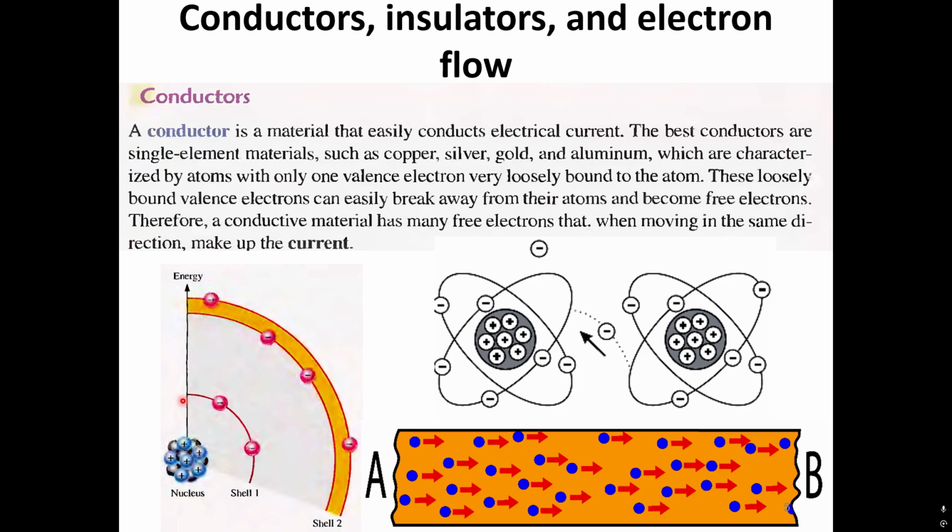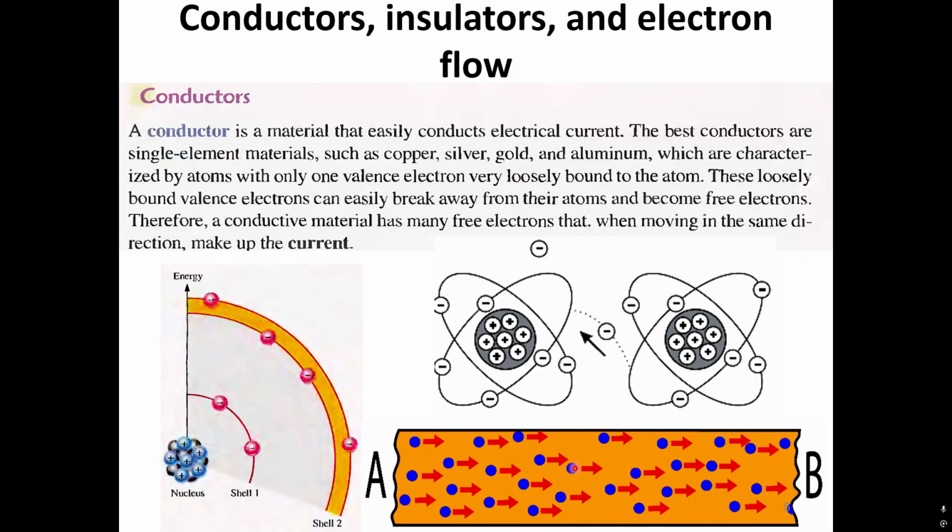So what happens, these loosely bound valence electrons can easily break away from their parent atoms and become free electrons. Therefore, a conductive material has many free electrons. See, this is a piece of conductor.